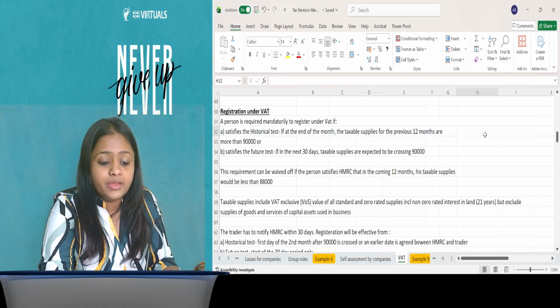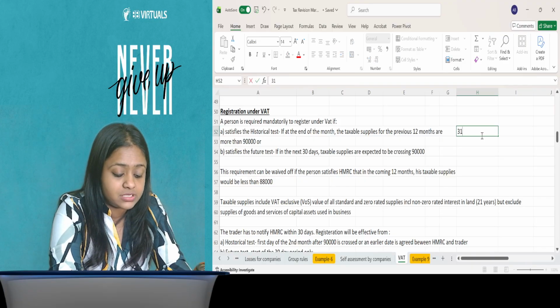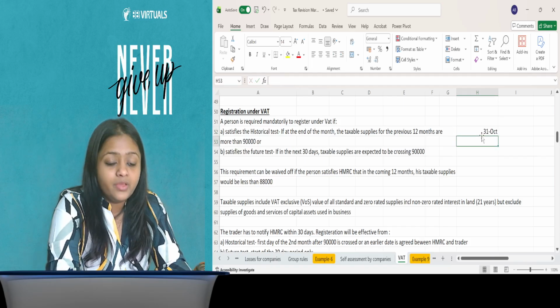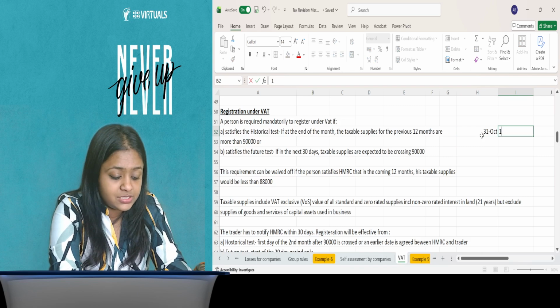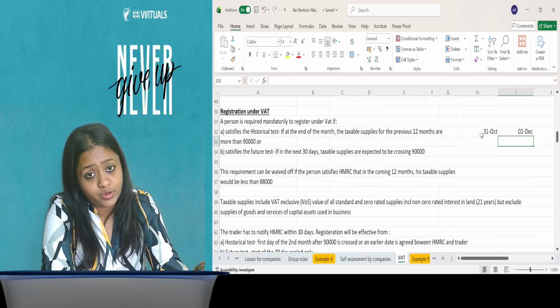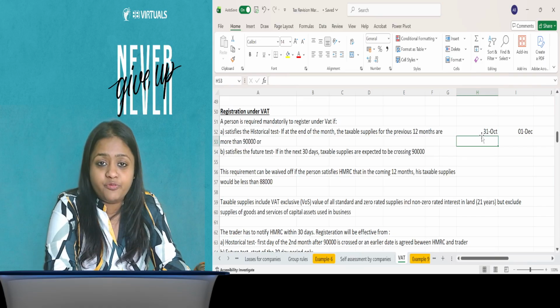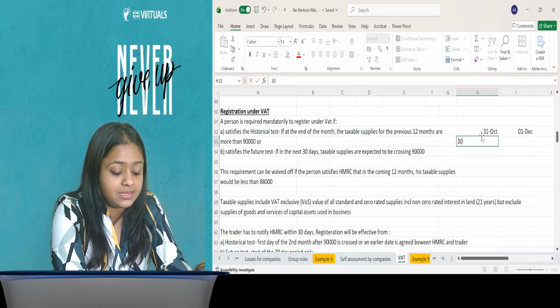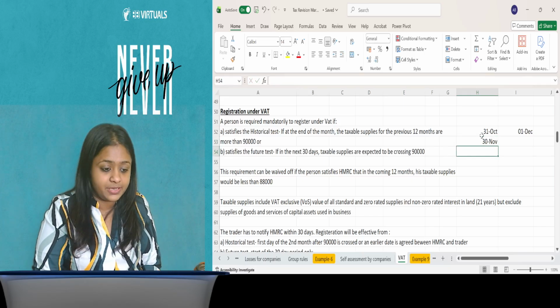Let's assume that the month end when this turnover limit got crossed is 31st October. So the second month is December. By 1st December, he has to issue VAT invoices, and he would notify HMRC within 30 days. From 31st October, 30 days will be 30th November. So by 30th November, he needs to inform HMRC of the same.